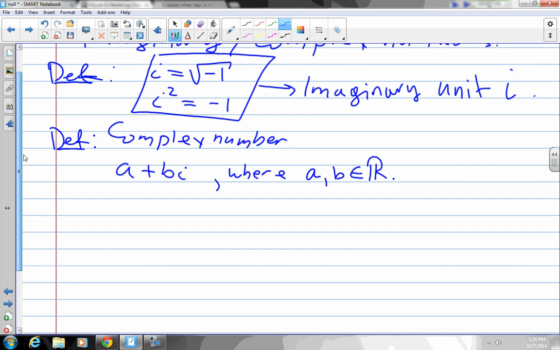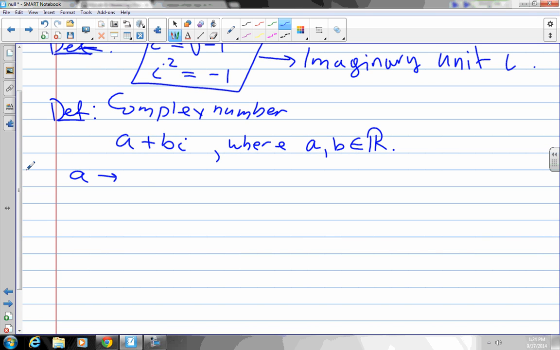We say that a is the real part of a complex number, and b is the imaginary part of a complex number.